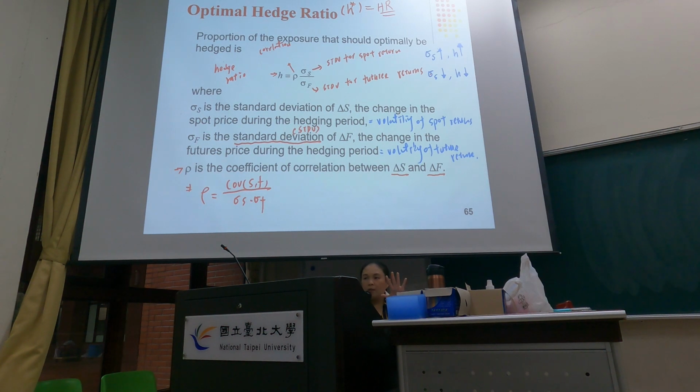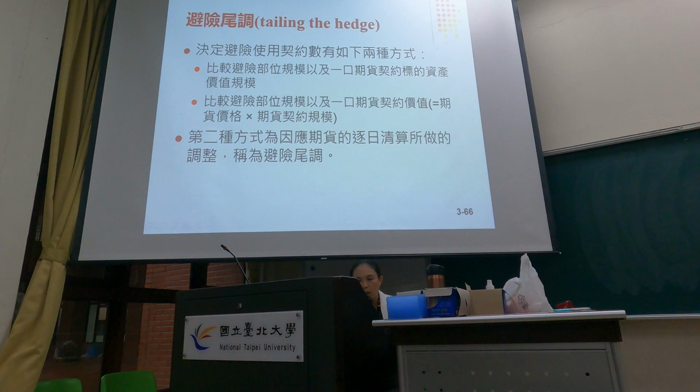Now, we're going to use the hedge ratio to compute your number of contracts, okay? But before we start, I also want to introduce another concept, called optimal tailing the hedge, okay? 叫避险回调, tailing the hedge.